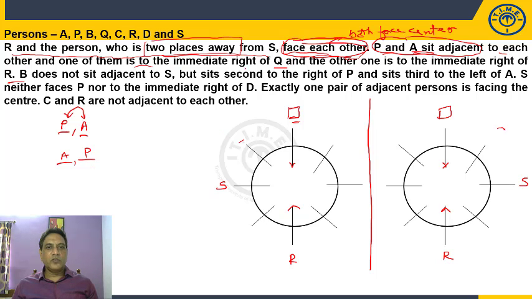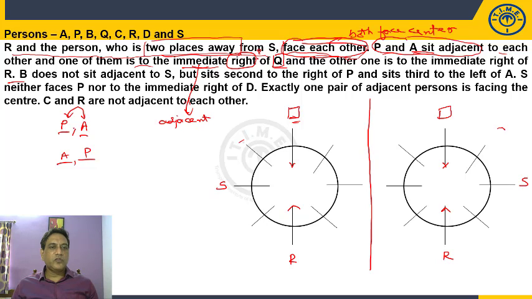And one of them is to the immediate right of Q. Now, what is the right of Q? We are not sure because we do not know whether Q is facing the center or away from the center. But here, immediate right of Q implies that one of them is adjacent. This word immediate indicates that they are in adjacent positions.